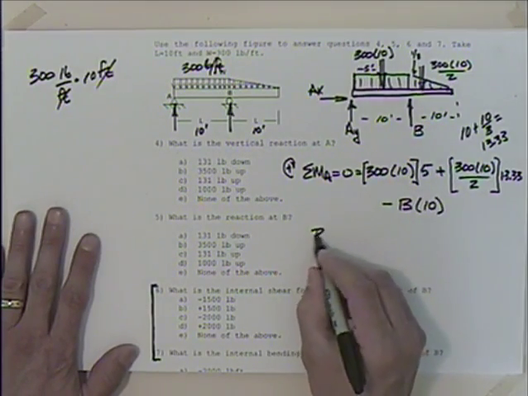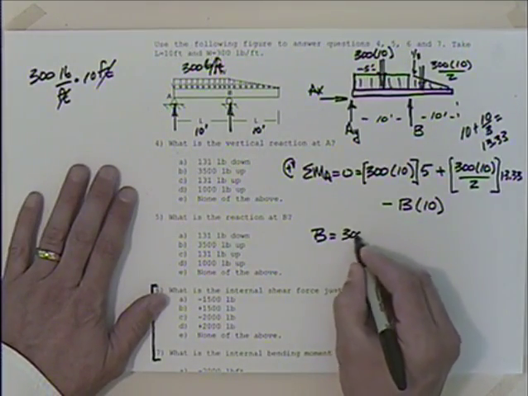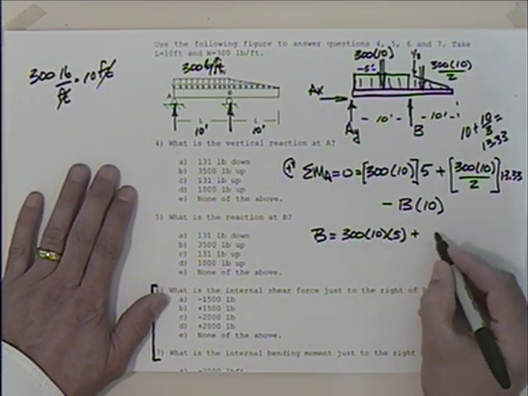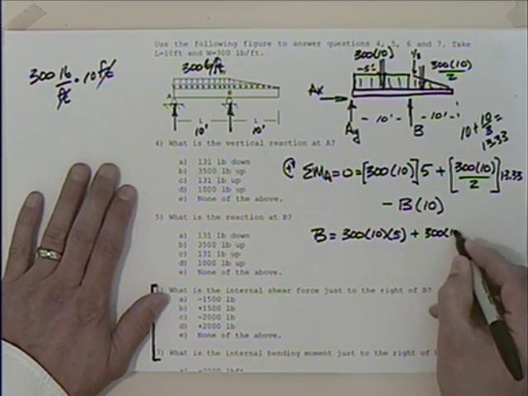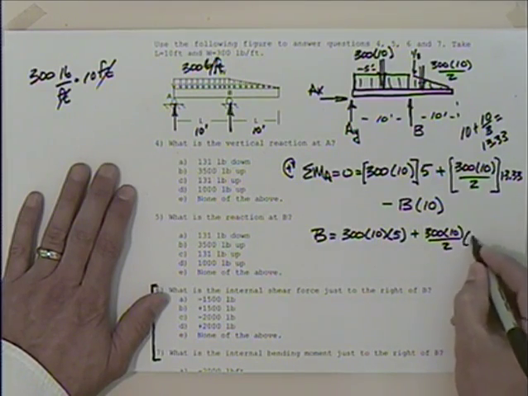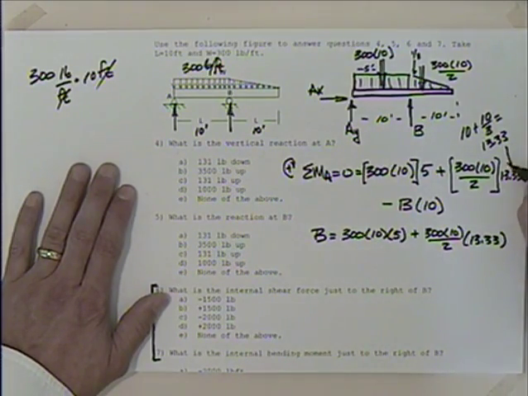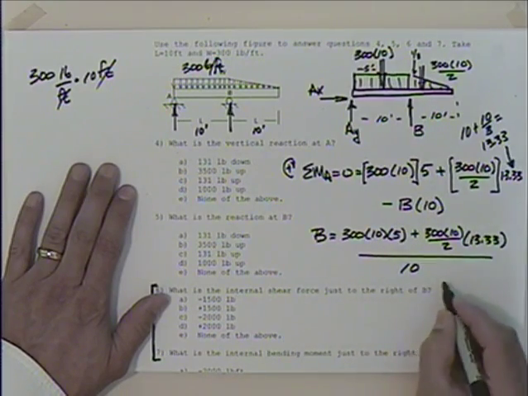So I can solve then for B, which is going to be equal to 300 times 10 times 5 plus 300 times 10 over 2 times 13.33. And this is where that 13.33 comes from. We have to divide this whole thing by 10.